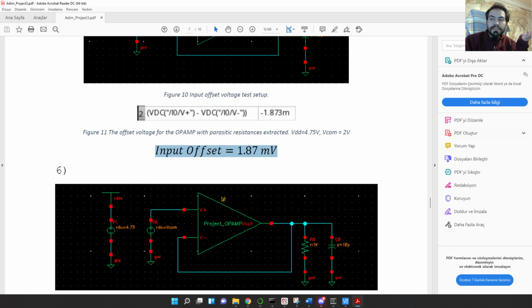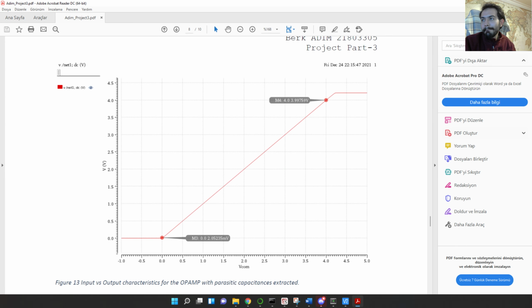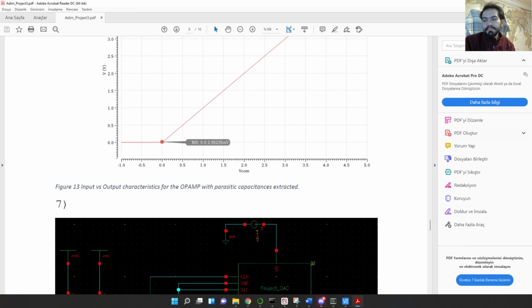Due to the decreasing of the gain, we have higher input offset, but it is still acceptable because it is lower than our step value. Our step value, as you will remember, was 15 millivolts, so that is quite lower than that. And as you can see, our op-amp is still linear when the common mode is swept from 0 volts to 4 volts, so we are also still successful at that.